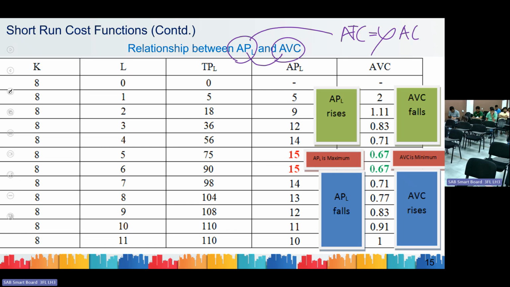So here you see APL rises. When APL rises, AVC falls. And when APL is maximum, AVC is minimum. And then APL falls, and over that range, AVC rises.